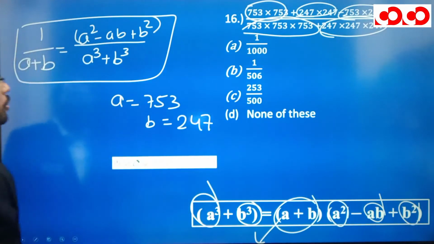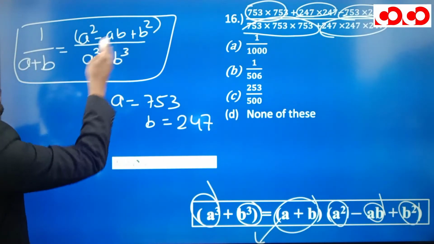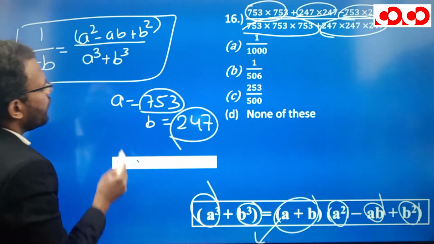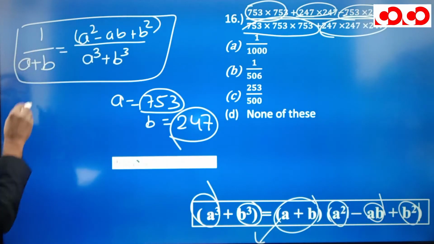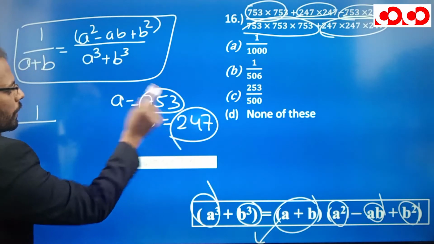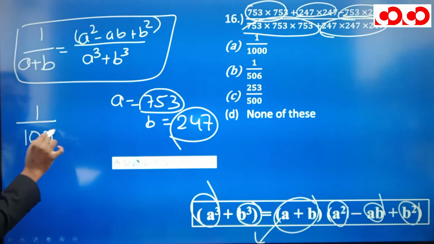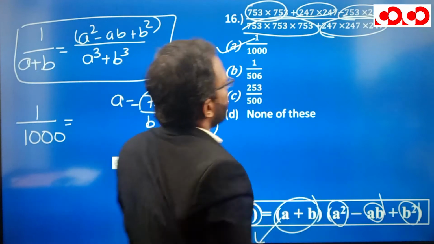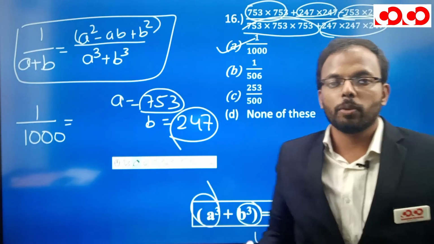So it is easy only. It has been expanded over here in this form such that a is 753, b is 247, and this will give you 1 by (a plus b), which is 753 plus 247, and 753 plus 247 is nothing but 1000, right? So my answer for this question is going to be option A.